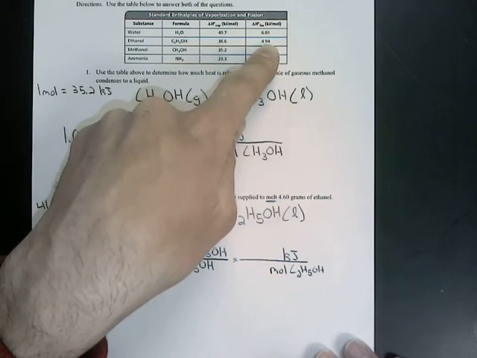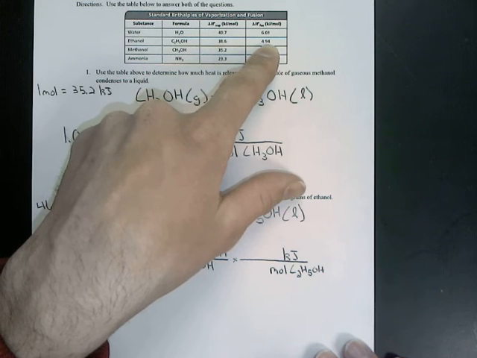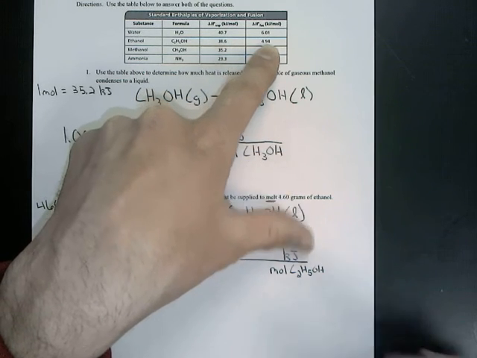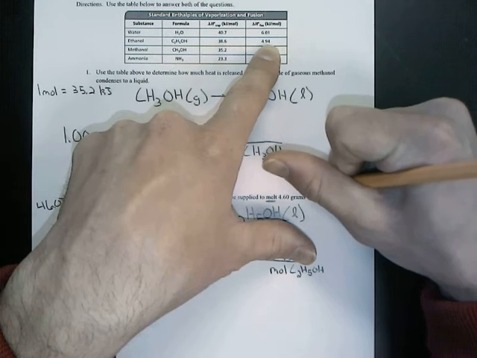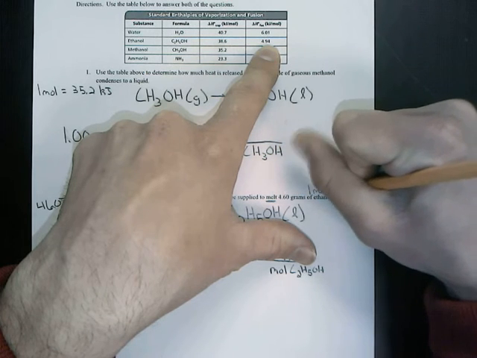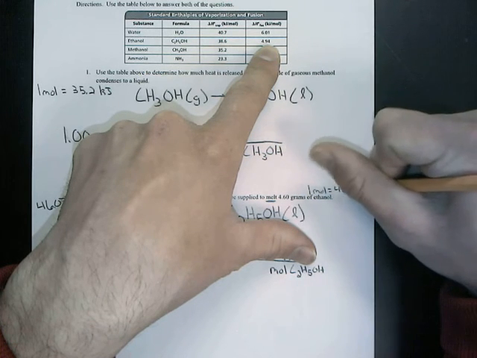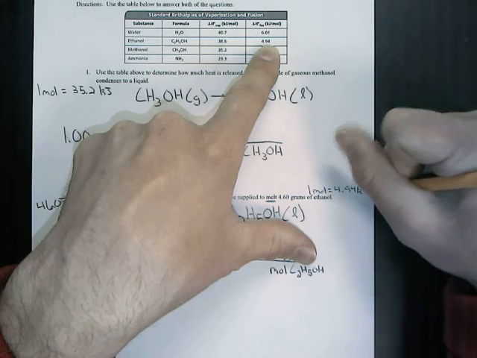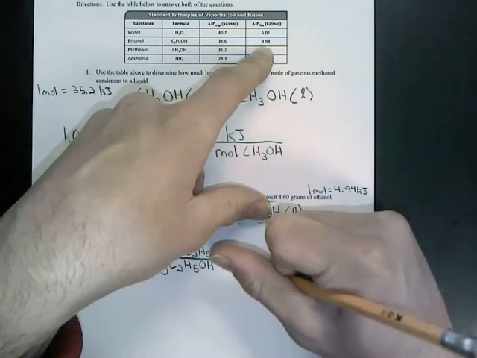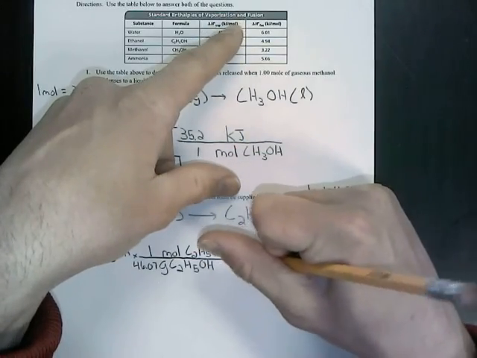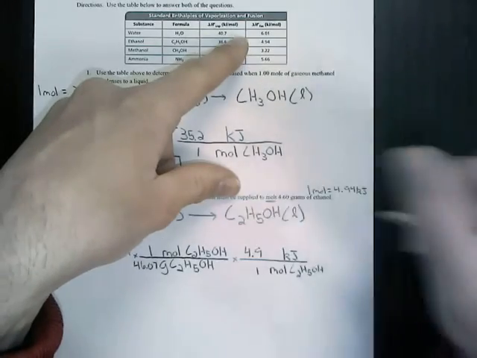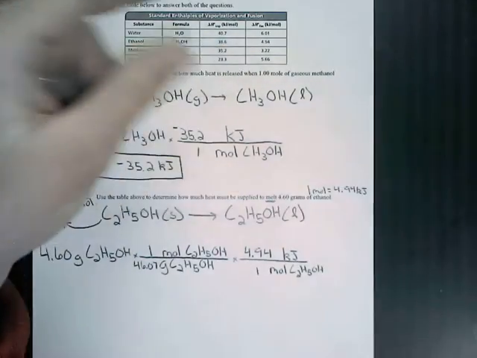So what that means is every 1 mole, there is 4.94 kilojoules of heat. I'm going to write this above: 1 mole equals 4.94 kilojoules. Again, 1 is associated with moles, and 4.94 is associated with kilojoules.